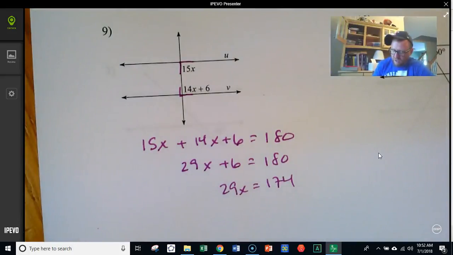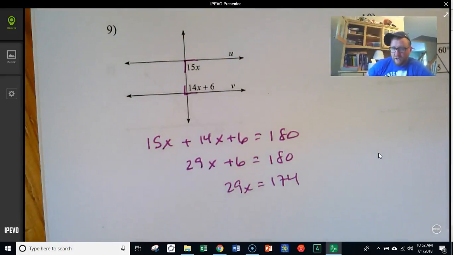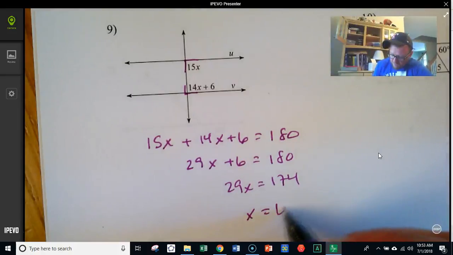Let's see, 174 divided by 29. 180 divided by 30 would be 6. Bingo, 6. X equals 6.